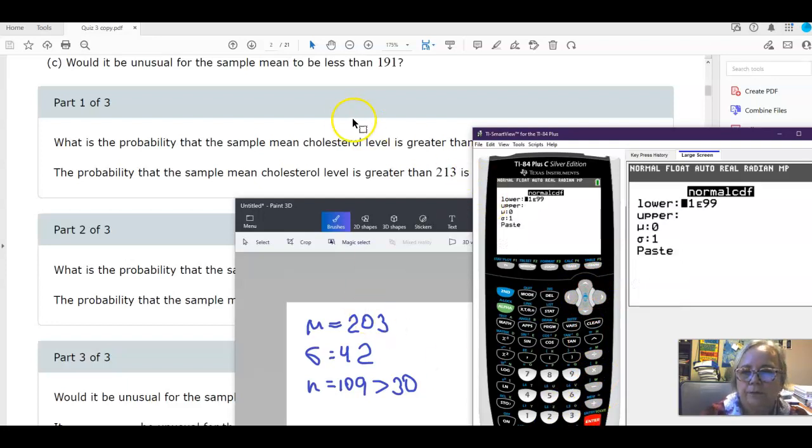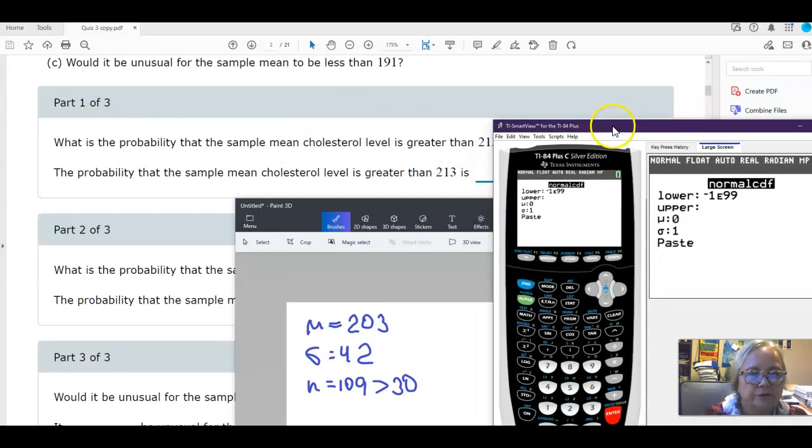What is the probability the sample mean is greater than 213? So the lower is 213, and for upper we use 1 2nd comma E 99. It represents a very large number, 10 to the power 99. So it's a large number. We don't have a symbol of infinity on this calculator.